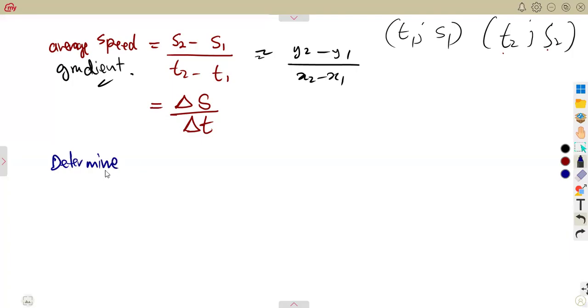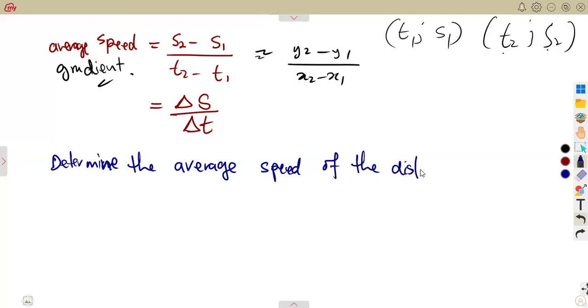So let's say you're asked to determine the average gradient, the average speed actually, of the distance time graph.